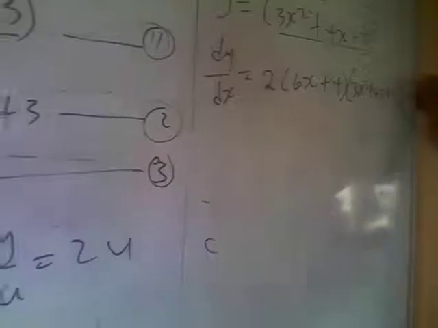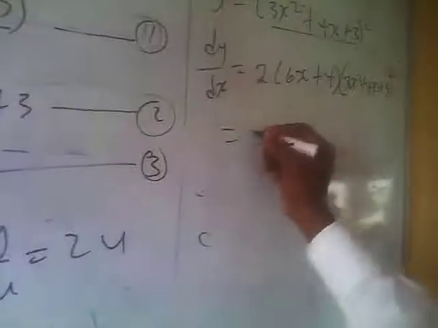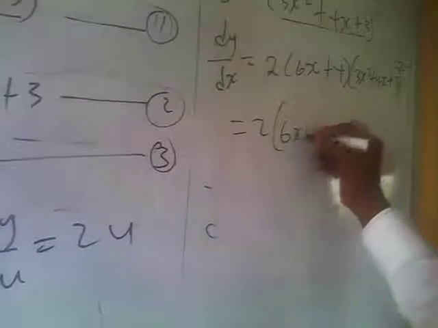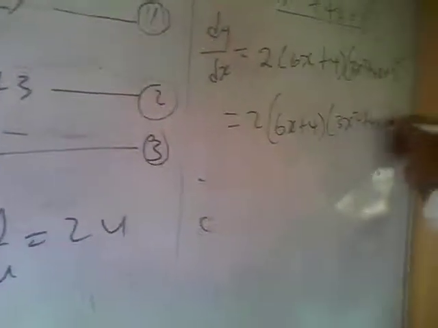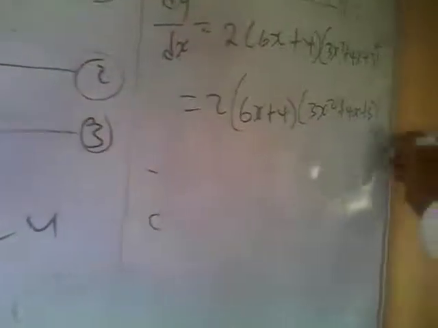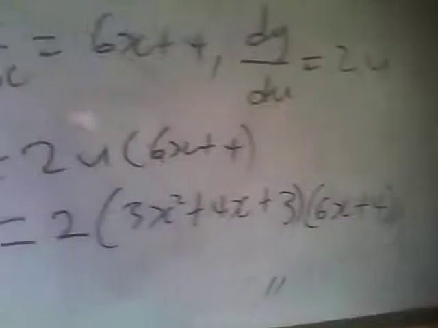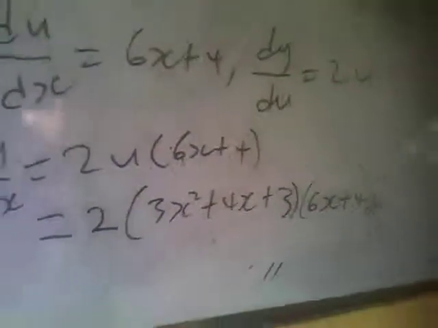Now shorten the power by 1. So we have 2 into (6x + 4) into (3x squared + 4x + 3) raised to the power 1. That gives us the same thing as we had earlier. That's the alternative method, a shortcut method for students that will be writing OMR exams.